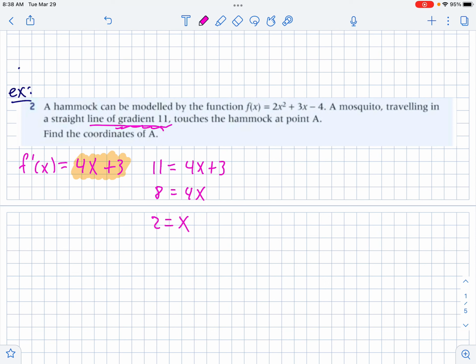Now, that's the x coordinate where it touches point A, but they want the actual coordinates of point A. So to find the coordinates, you need to put it back into the coordinate machine. For coordinates, you need to use the original machine. Just like the derivative is a slope machine, I think of the original as a coordinate machine.